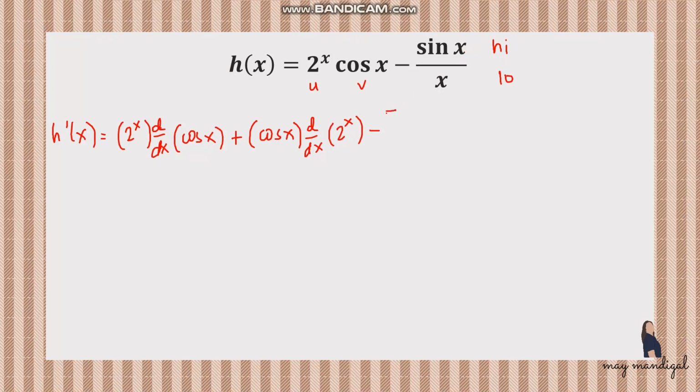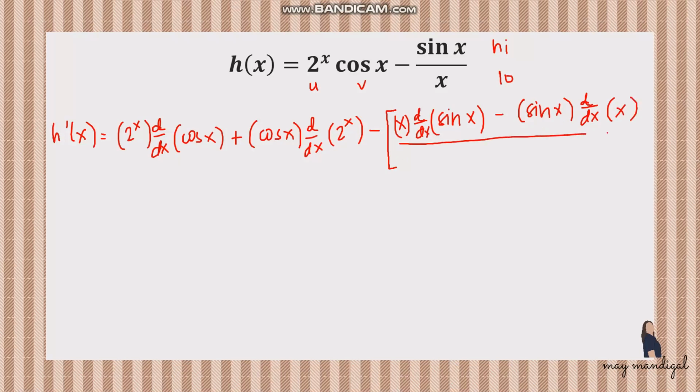So just separate them with parentheses, and then low d high minus high d low all over low squared. So we have x squared. And then let's simplify this.